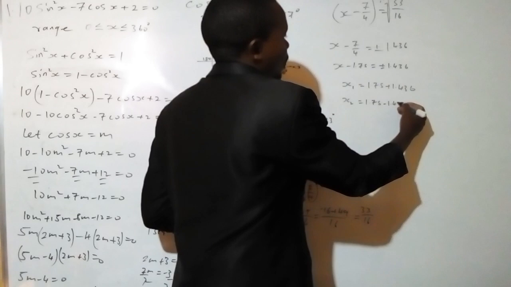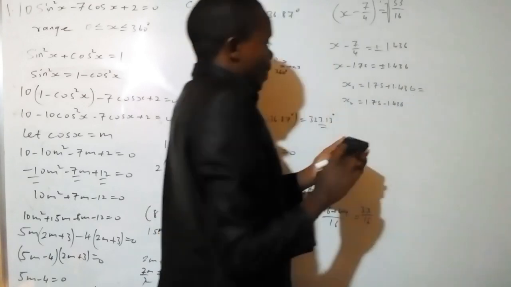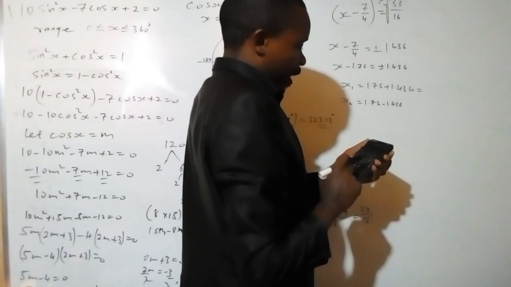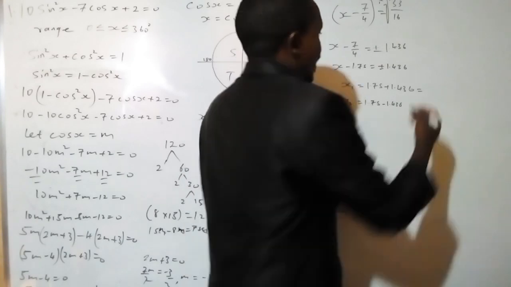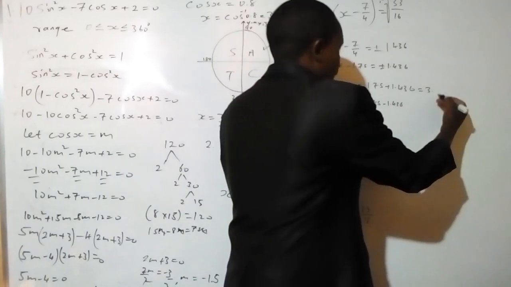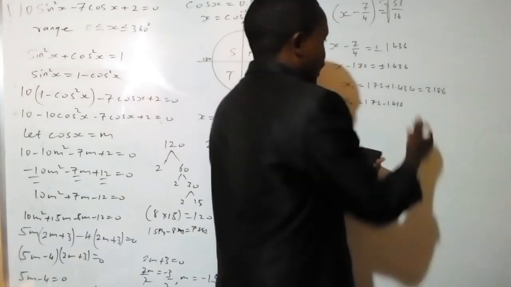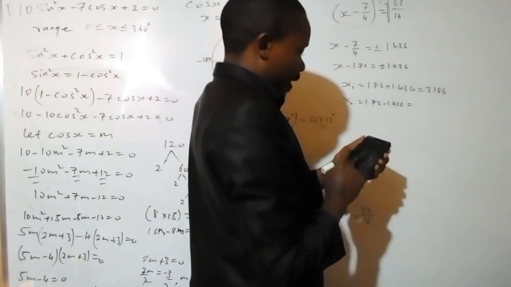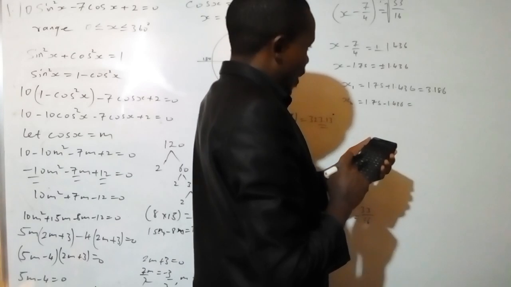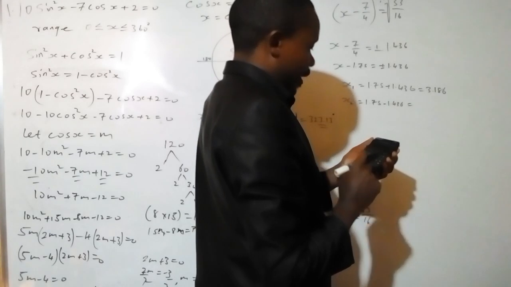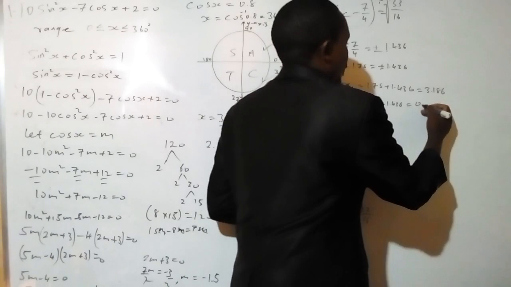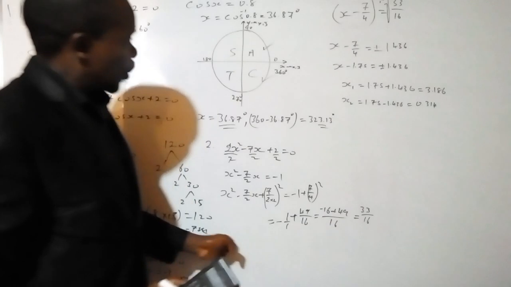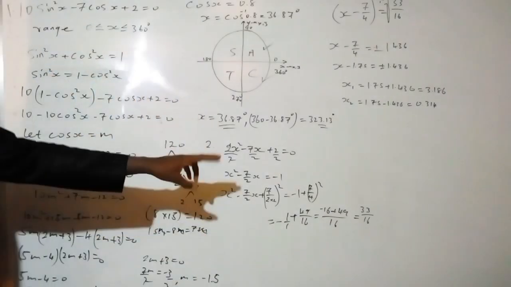One of them will be 1.75 plus 1.436. We get 3.186. The other one will be 1.75 minus 1.436. We get 0.314. And that's how you solve that question using the completing the square method.